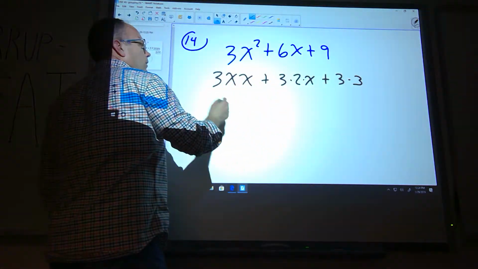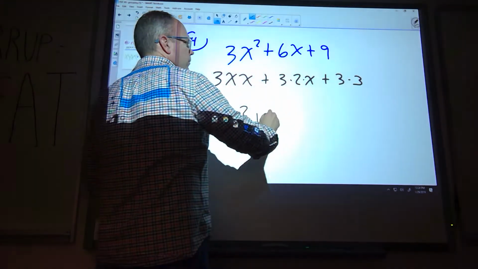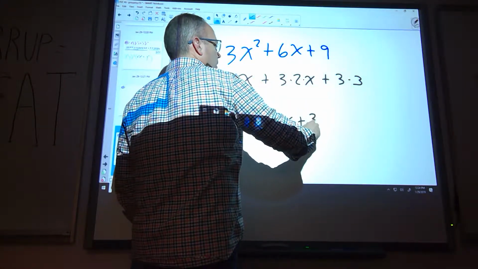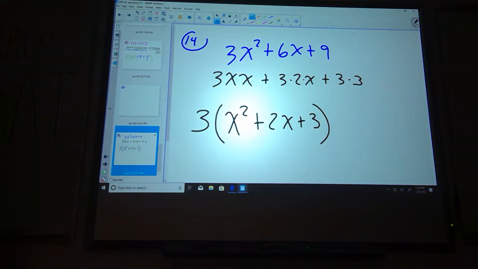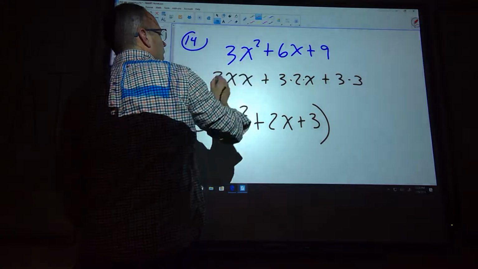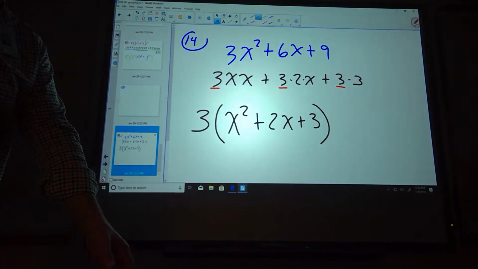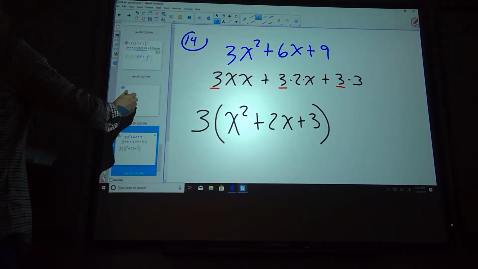Agree? So they all have a 3 in common, nothing else though. That's done. Did I do it right? I hope. Because all I factored out was a 3. And then the other one was 25, you said?